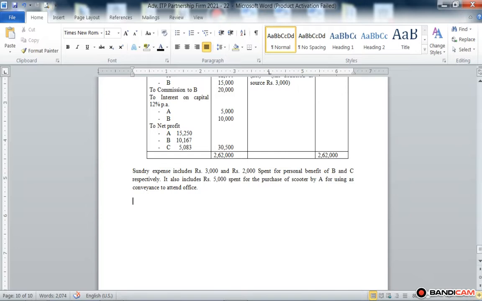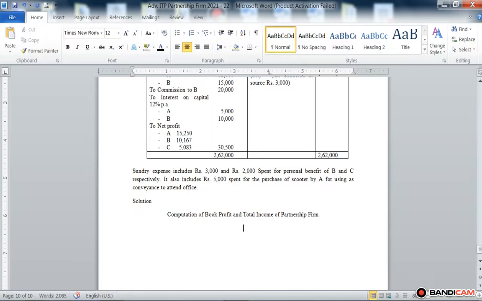Solution: computation of book profit and total income of the partnership firm.